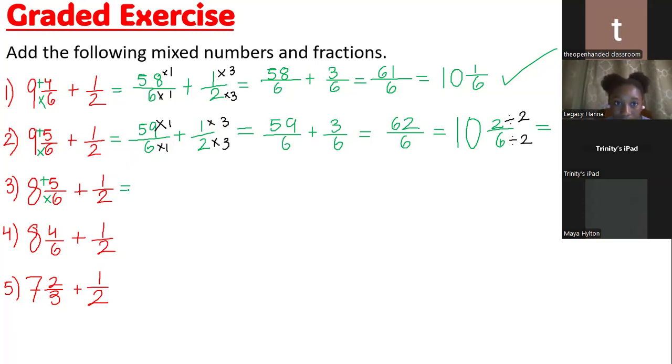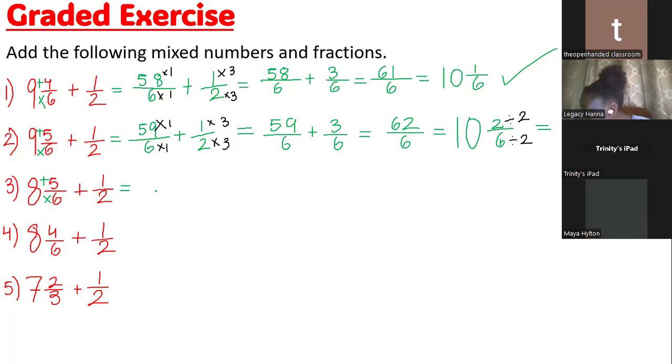So you need to learn your times tables, Legacy. Sorry, 48. All right, that means you have to learn it. What is 6 times 8? 48. Plus 5? 53. So 48, 49, 50, 51, 52, 53.